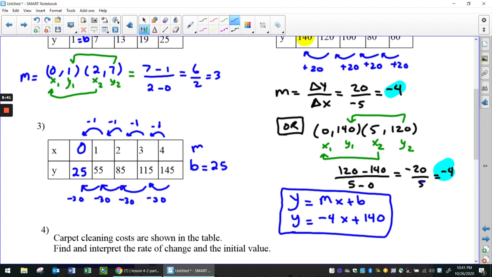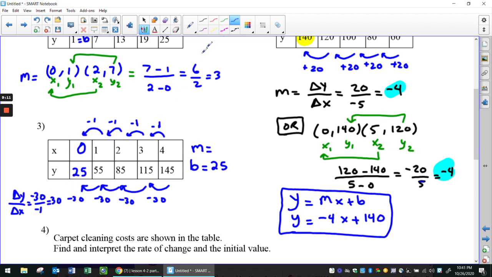And my slope here, if I want to use this technique, the change in y over change in x, I notice that the change in y is negative 30 and the change in x is negative 1. So I can write negative 30 over negative 1, which is equal to positive 30.